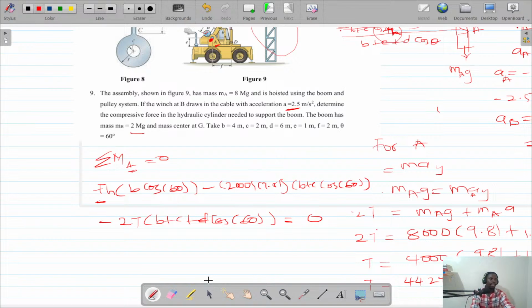So B is 4. So 4 cos 60. Cos 60 is 0.5, so that would be 2.